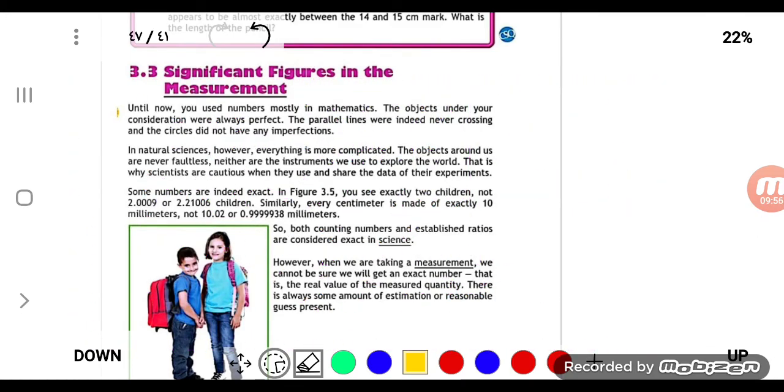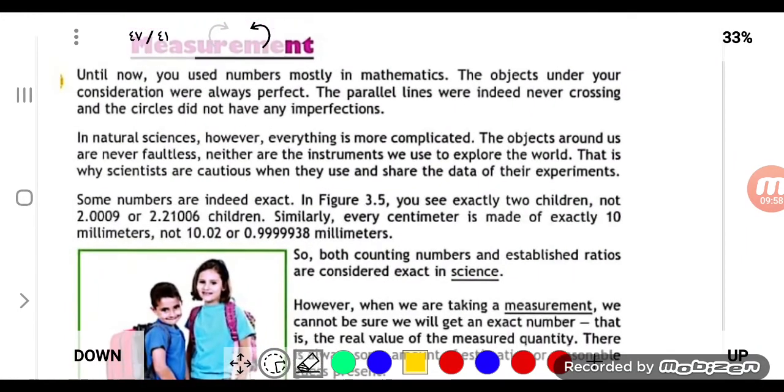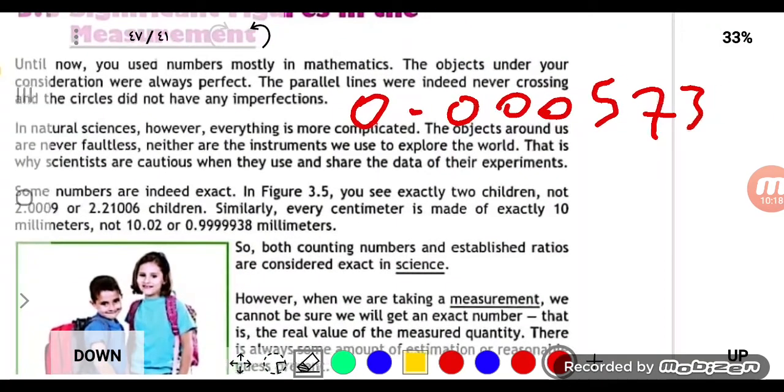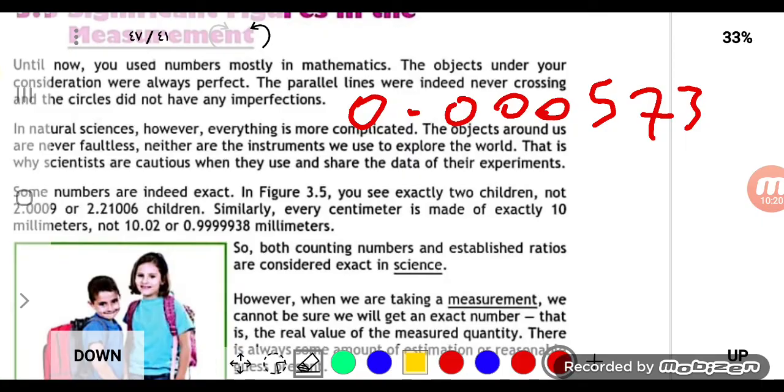Okay, let's say we have the number like this. 0.000573. In case I want this number correct to one significant figure, the three zeros here are not considered significant.